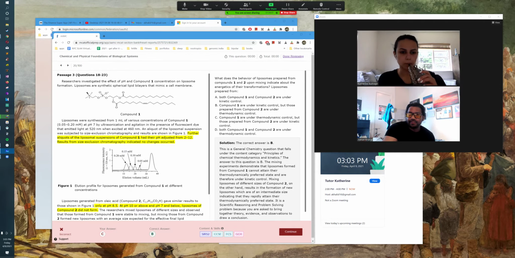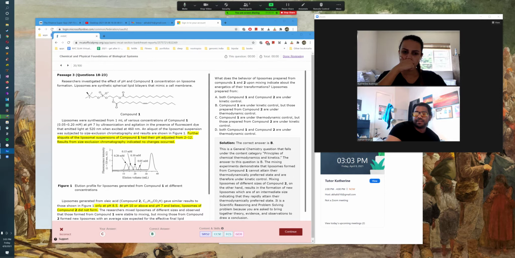Whereas for compound 2, if you threw this into a beaker, it'll be this initially, but over time it will turn into that.